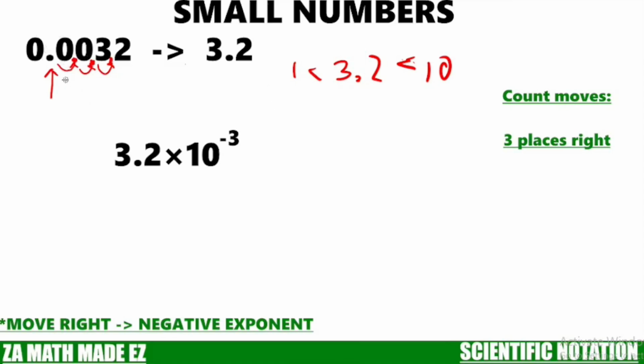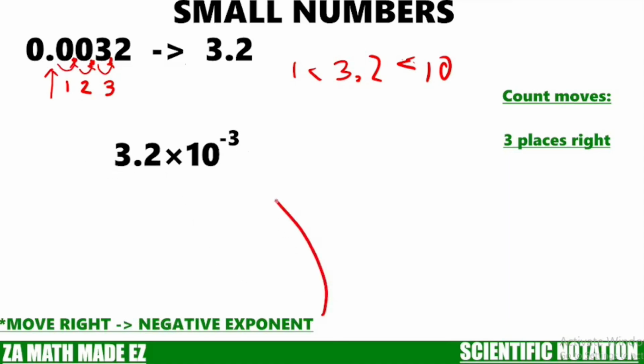If we count how many times we move the decimal point, it will be 1, 2, 3 times. But we are moving the decimal point to the right, and that would mean a negative exponent. Remember this important rule: when we move the decimal to the right, it will be a negative exponent.